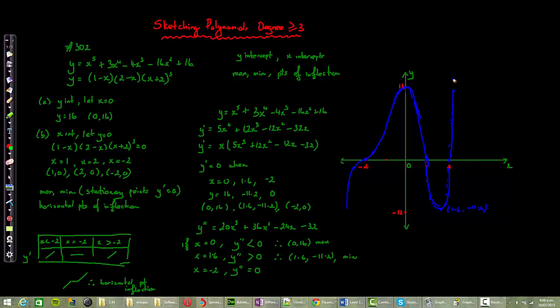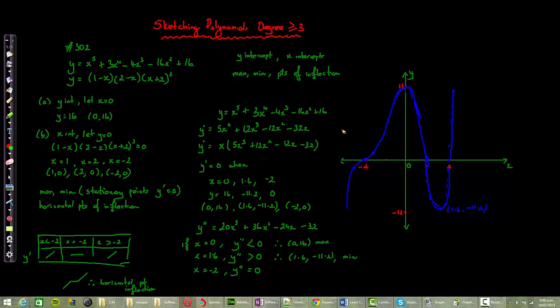Okay, the only other thing that we might have to find is non-horizontal points of inflection. Now I know there's a point of inflection here because I've already found it, and that's a horizontal one. But what about other points of inflection?